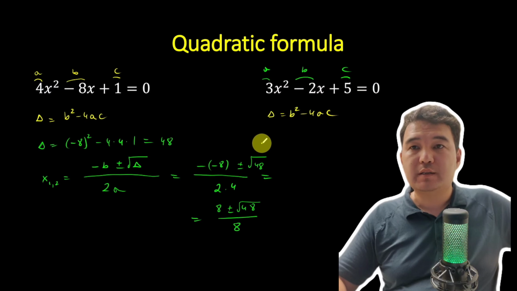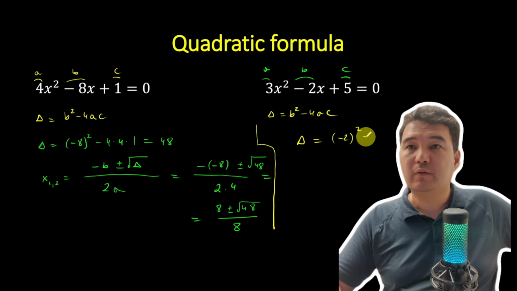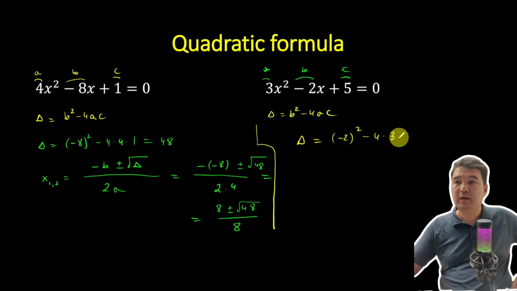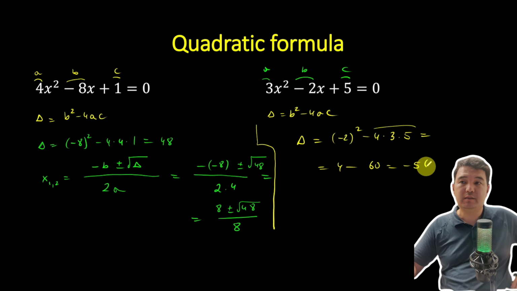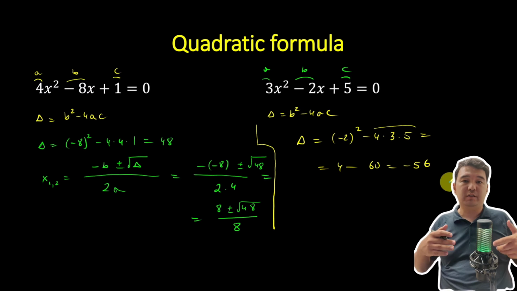Now let's do the second one. The discriminant of the second equation is going to be negative 2 squared minus 4 times 3 times 5. Then that's 4 minus, if you multiply these all together, 60. And this is negative 56. During your calculus classes, you'll be working only with real numbers.